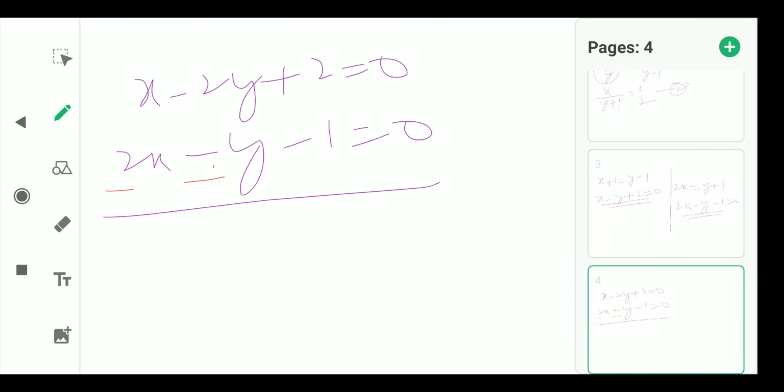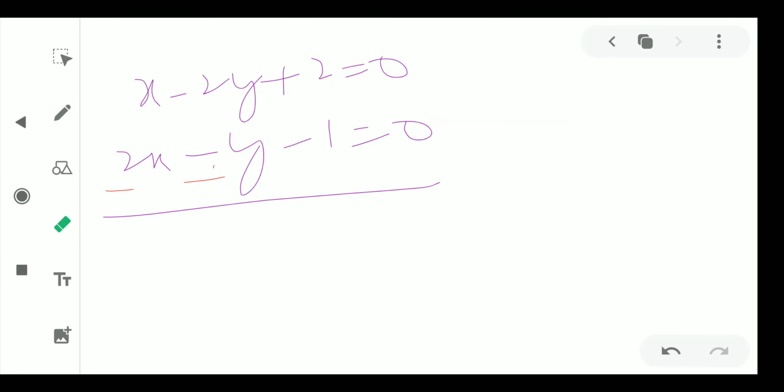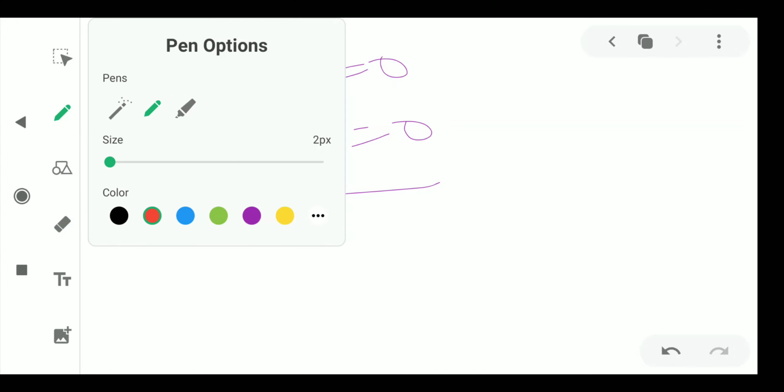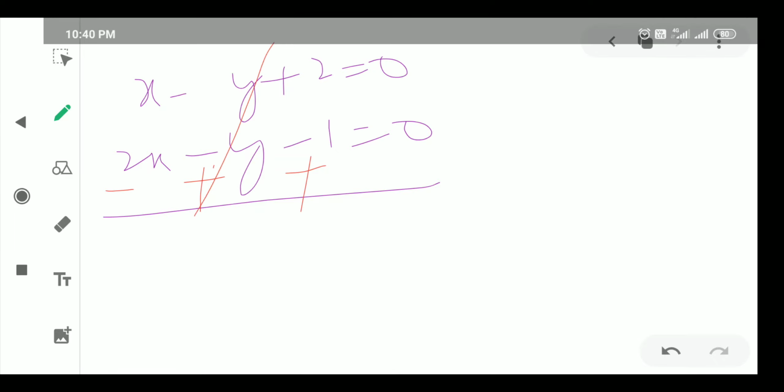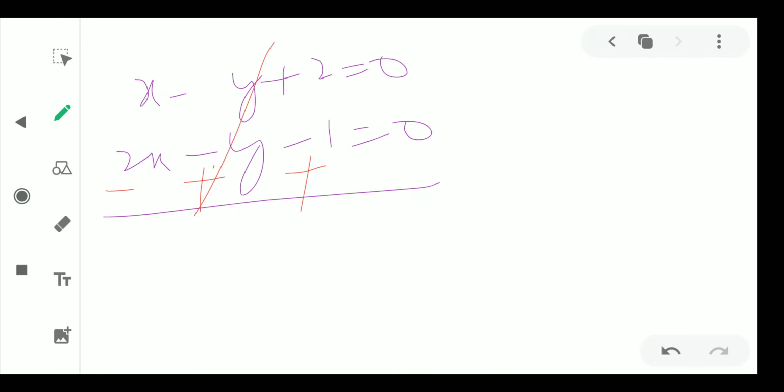So x minus y plus 2, right? Therefore this will become plus and this is plus. This will get cancelled, with x minus y plus 2 and 2x minus y minus 1. Sorry, so it gets cancelled. So from minus 2x, if I remove, it will be minus x, and this will be plus 3. So therefore x is equal to 3.